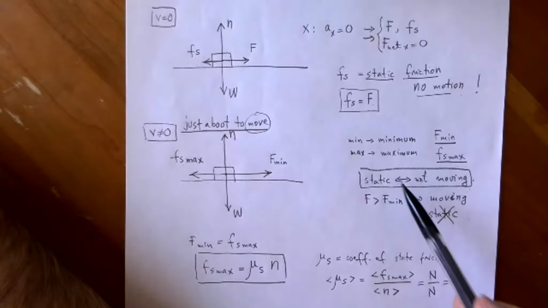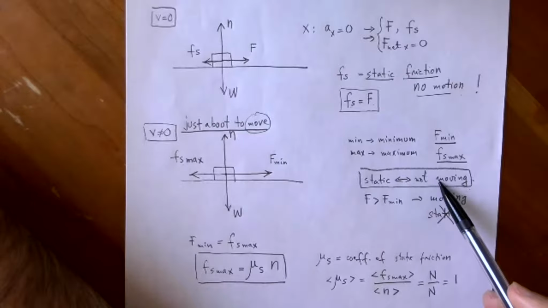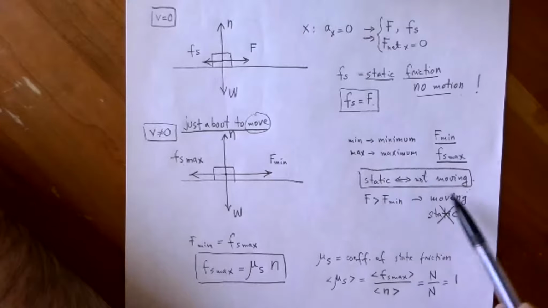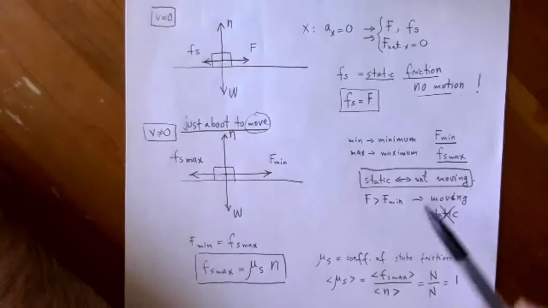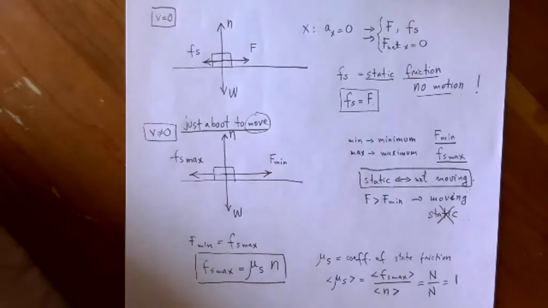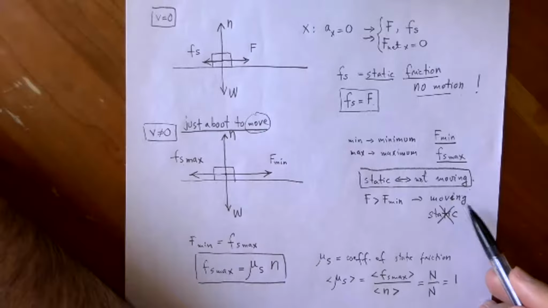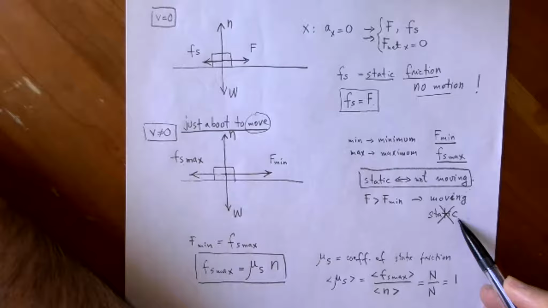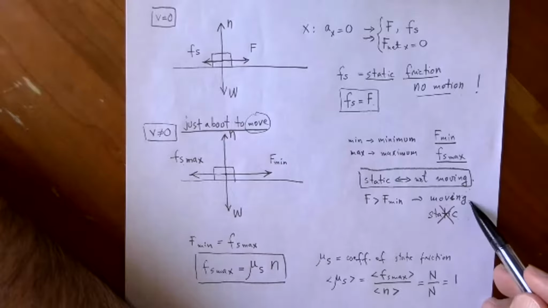So again here, we remember that static means not motion, not moving. However, if I apply a greater force, the object will start to move. Therefore, the static friction is gone. I cannot talk about an object moving and at the same time talking about static friction. The words moving and static don't go together.